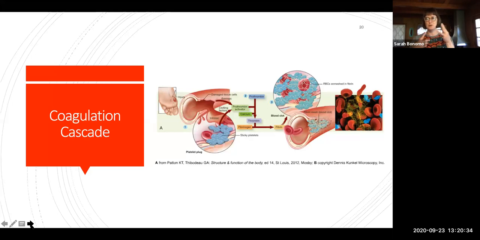So there are just 3 things happening in this picture. You have an injury, which releases clotting factors, brings platelets to the area, and forms the platelet plug. Then you get a series of chemical reactions, and I don't need you to know all the details of those, but ultimately that helps you form thrombin. Thrombin works together to help form fibrin, and fibrin makes the clot happen. That's it.